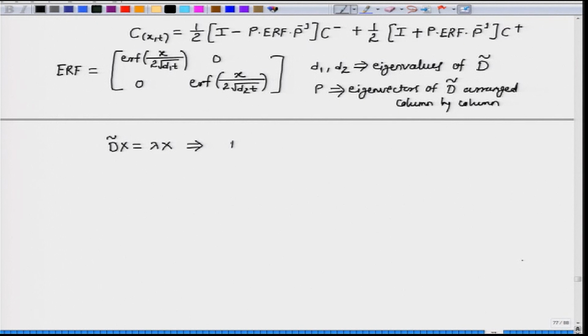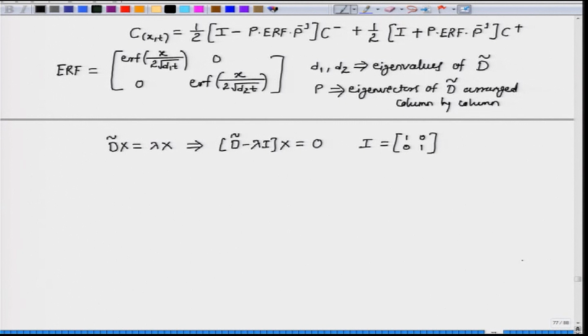This will give me d tilde minus lambda I times x equal to 0, where I is an identity matrix. For a 2 by 2 identity matrix, it will be 1 0 0 1. Obviously, x equal to 0 is a trivial solution. So, we need the determinant of d tilde minus lambda I equal to 0.